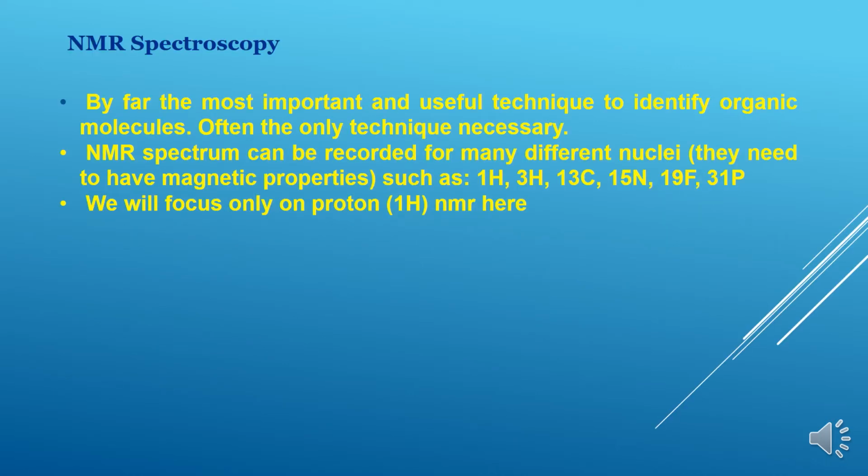Let me discuss NMR spectroscopy first. By far, NMR spectroscopy is the most important and useful technique to identify organic molecules, and often it is the only technique necessary. Remember, the NMR spectrum can be recorded for many different nuclei that have magnetic properties.